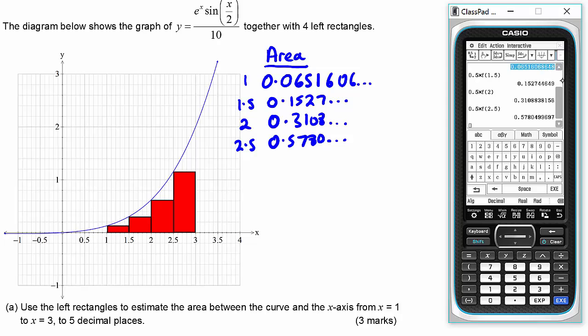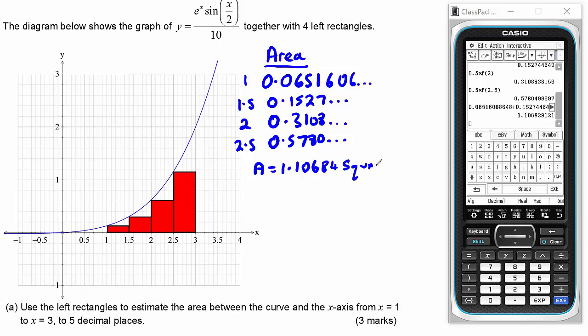So it's going to be that add that add that add that, and if we want this to 5 decimal places, that's going to be 1.10684 square units, correct to 5 decimal places.